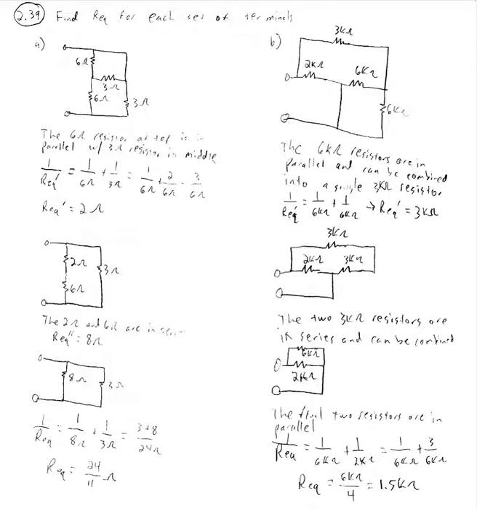But now let's look and see if there's anything in parallel. And remember, our definition of resistors being in parallel is that they have to share the same 2 nodes. So if we look here, we see that this 3 ohm resistor shares a node with this 3 ohm resistor, but then this other side is not connected to 3 ohm, so those two are not in parallel.